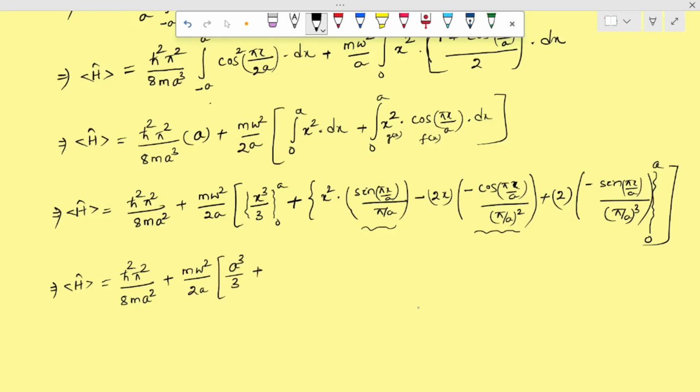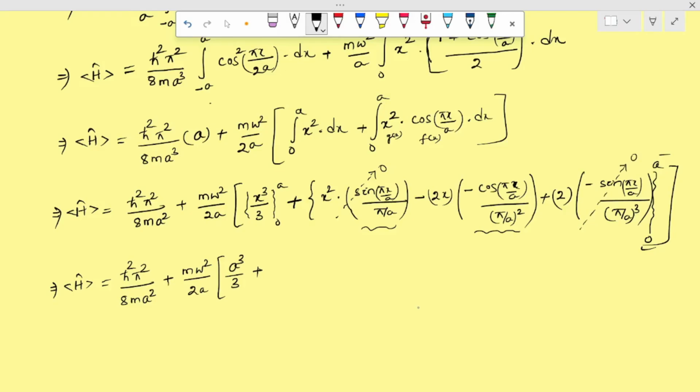First, the upper limit: sin π is 0, and the lower limit sin 0 is also 0. That means this term will be cancelled out by substituting the upper and lower limits. Likewise, this term also will be cancelled out.